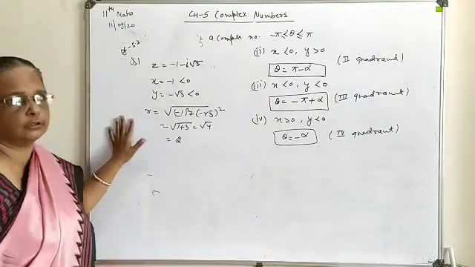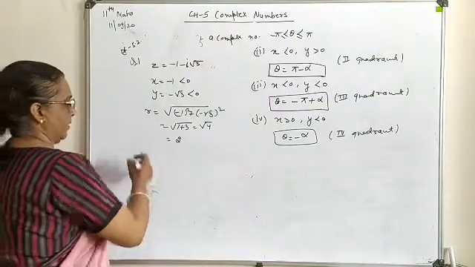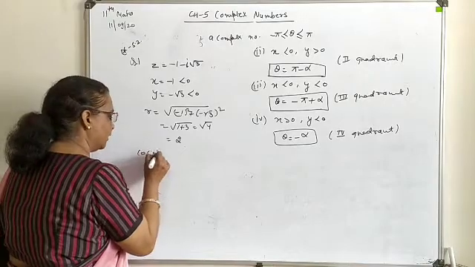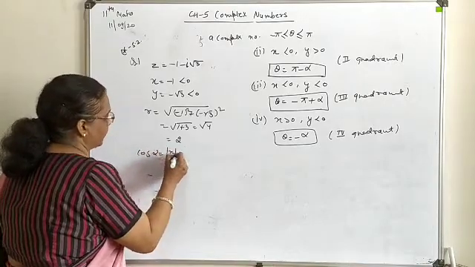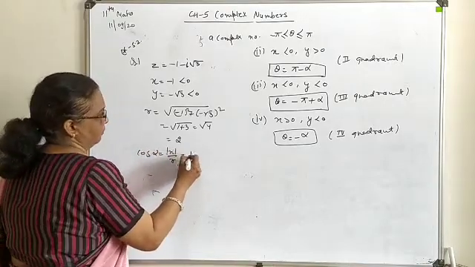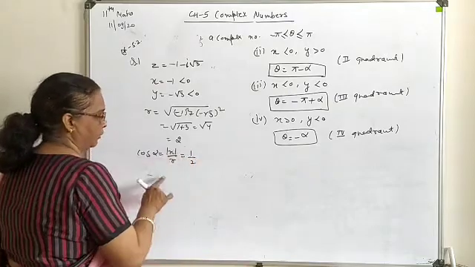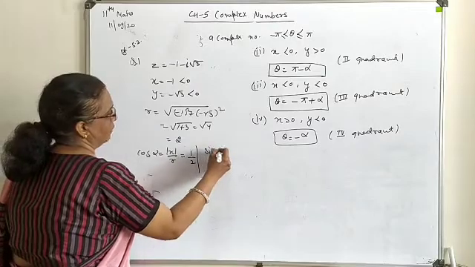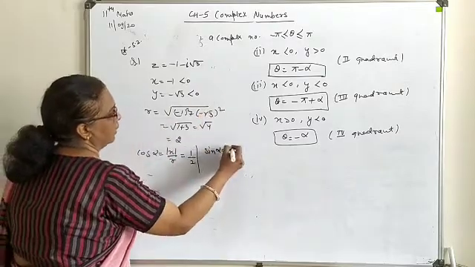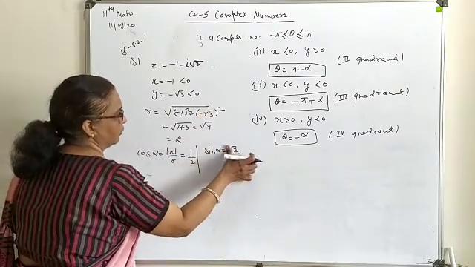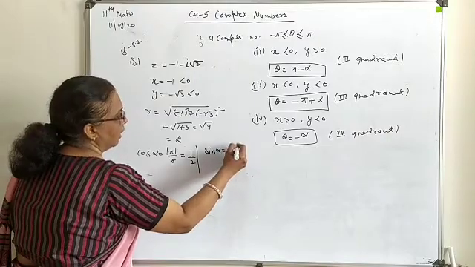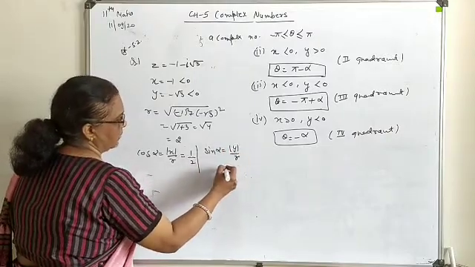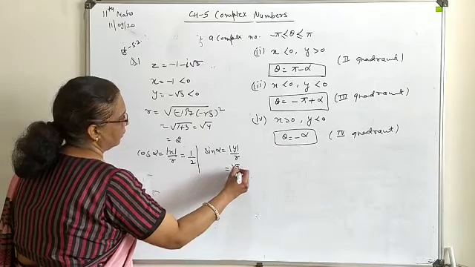Now we will find cos alpha and sin alpha. Cos alpha we will have as the modulus of x upon r, means 1 upon 2. Whereas sin alpha you will have as y upon r, means under root 3 upon 2.